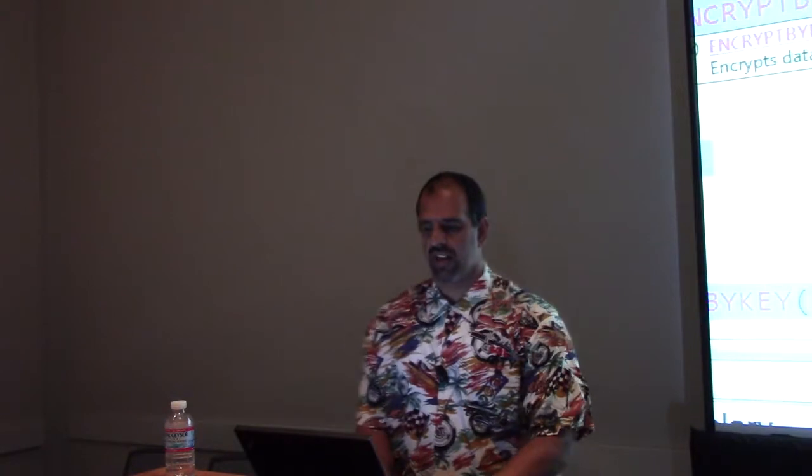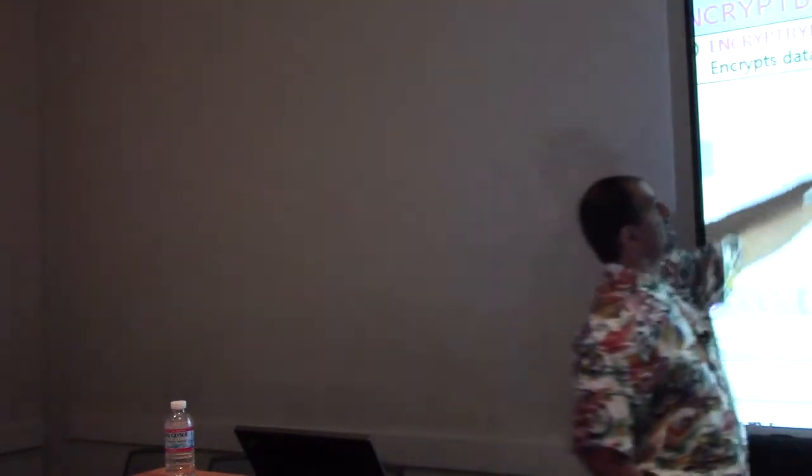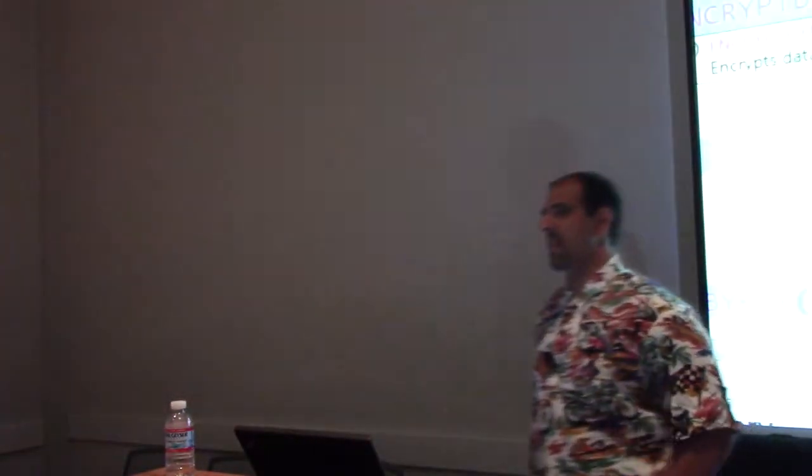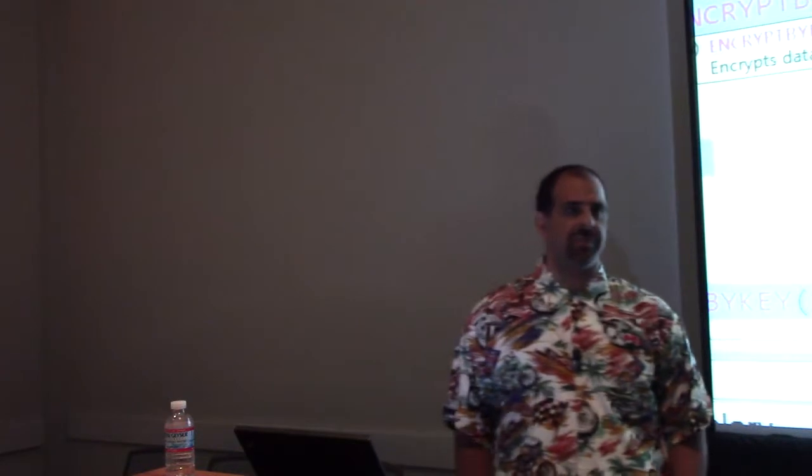In the encrypt by key function, I pass in my key GUID and I pass in my text. I have this optional parameter that says add authenticator. This is essentially adding a salt to my encryption. I have to add this in order to provide the authenticator. If I put a 0 here and I provide the authenticator, it doesn't do anything. It's two parameters that do the same thing, but you do need both in order to make this work.